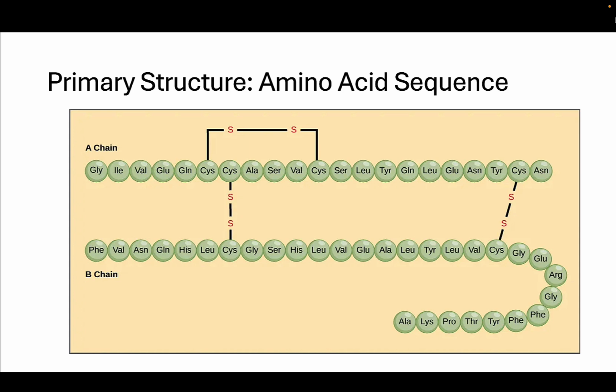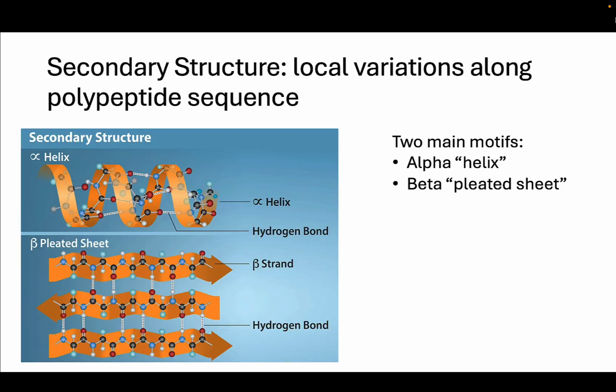There are 4 levels of structure. Secondary structure comes next. The resulting amino acids make up regional variations along the polypeptide. For a polypeptide, we may have some that's alpha helix, then some that's beta pleated sheet, but these are the two motifs. We have an alpha helix where the polypeptide chain curls around and makes kind of a coil.